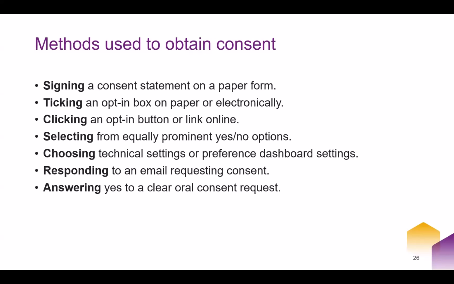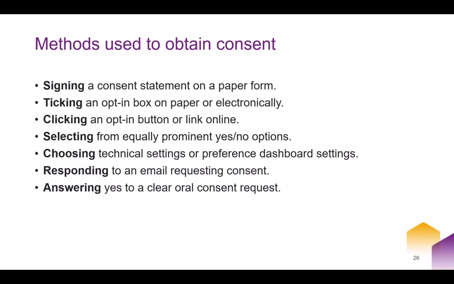So there are different methods that can be used to obtain consent. ICO, Information Commissioner's Office, has recommended the following. You could use signing a consent statement on a paper form, ticking an opt-in box on paper or electronically, clicking an opt-in button or link online, selecting from equally prominent yes/no options, choosing technical settings or preference dashboard settings, or responding to an email requesting consent, and answering yes to a clear oral consent request.